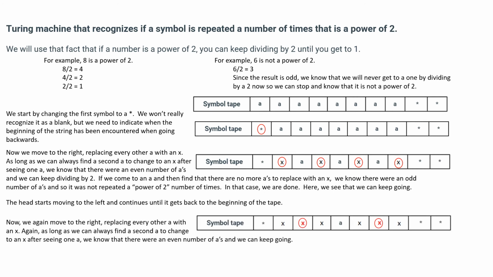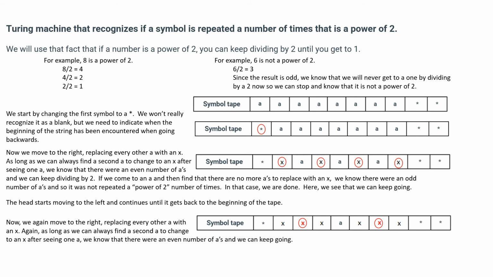Now again, we're going to move to the right and replace every other A with an X. So now here we only had 4 A's left. So now the first A is where that blank is, and the next A is that third cell, so we'll mark that off.